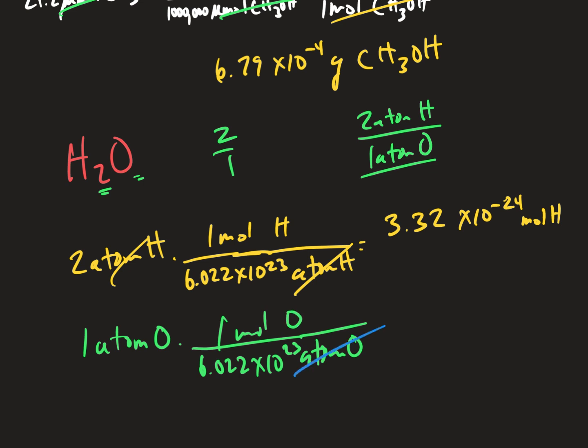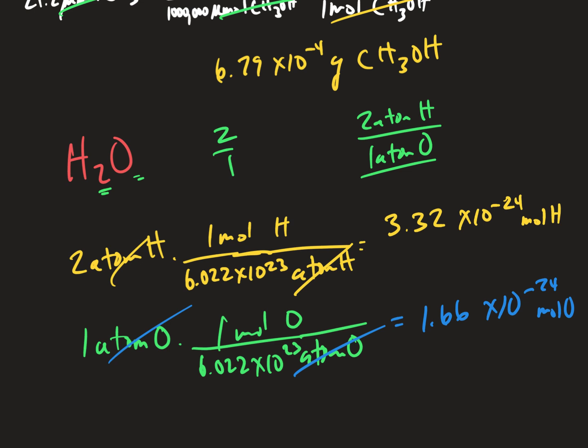That goes away. And then, okay, we got to do this again. Let's just do 1 divided by 6.022 e to the 23. 1.66 times 10 to the negative 24 moles of oxygen. Are you following me what I did? Okay.